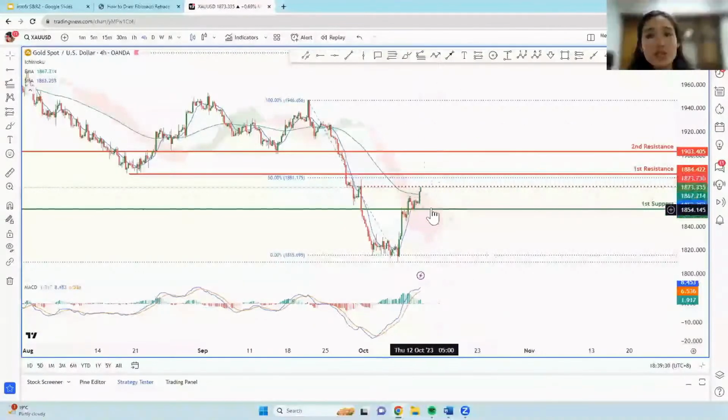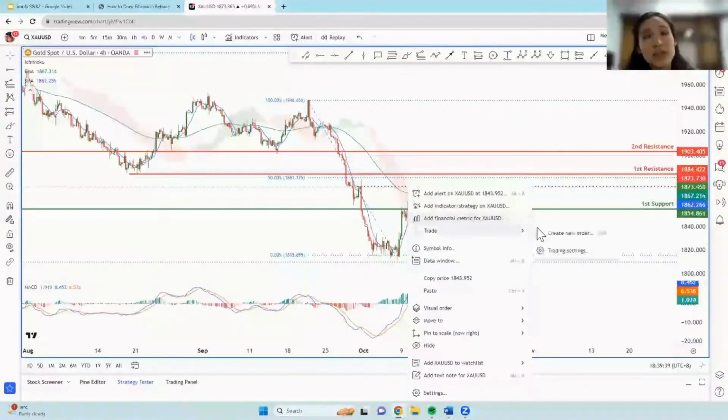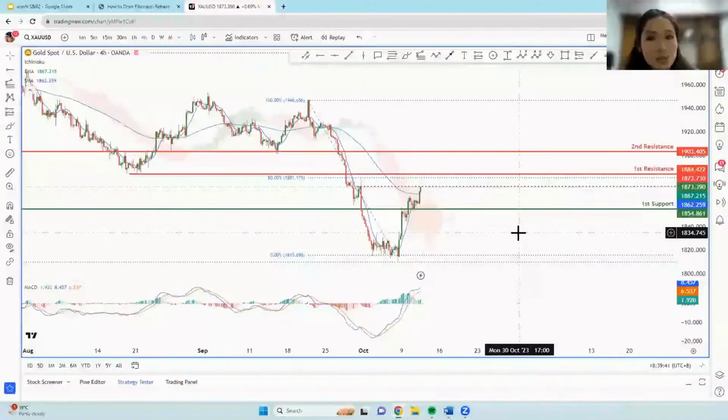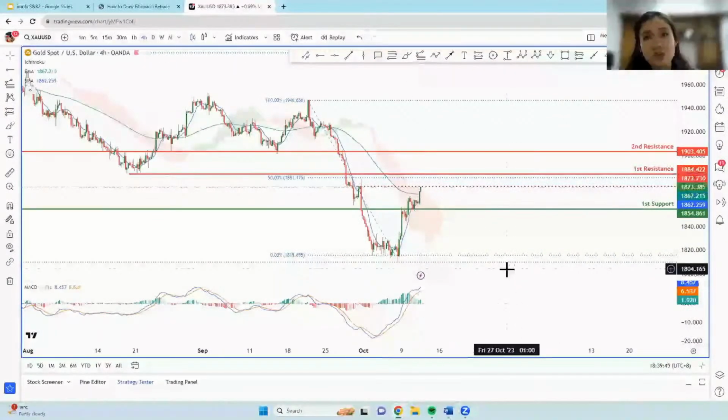Here we can see that currently there is no crossover between the two, and in fact price is moving above our SMA, simple moving average. So it suggests that price is going to continue moving upwards.